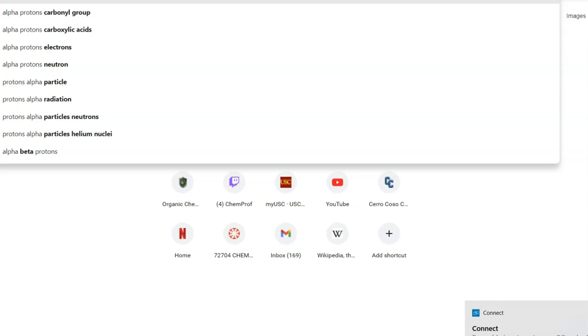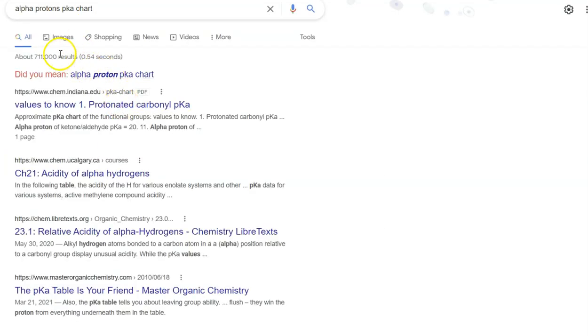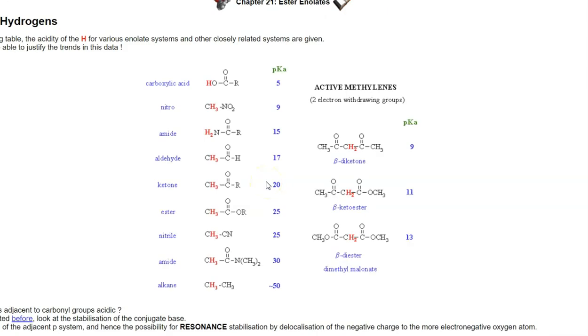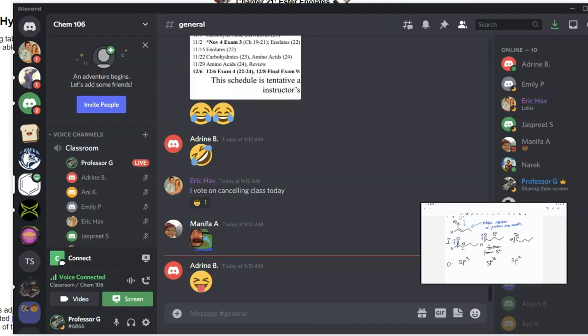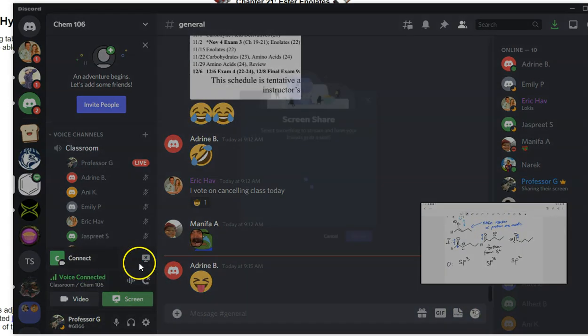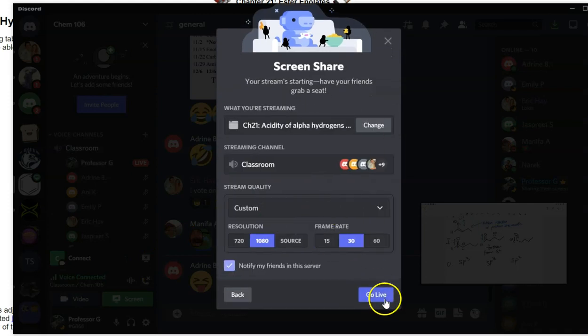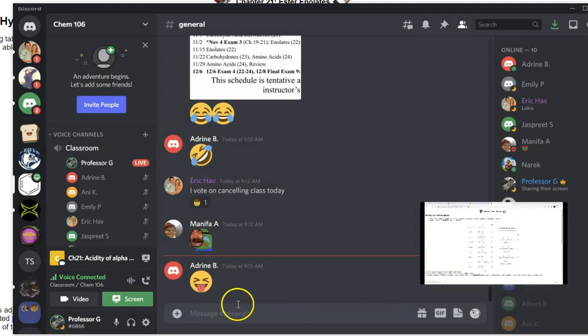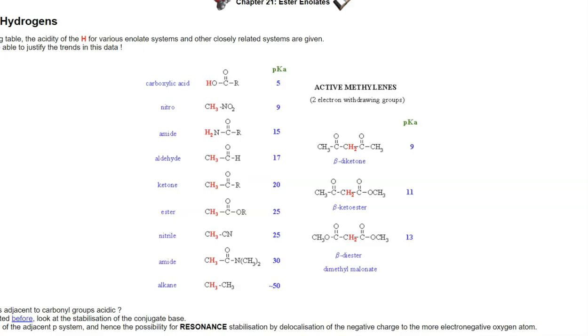Way back when. Alpha protons, pKa chart. I just want a nice table. Perfect, that's what I'm looking for. Okay, so let me just switch screens on y'all real quick. So we'll switch to Google.